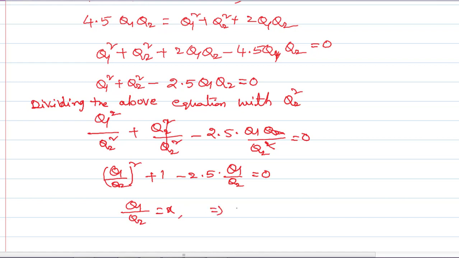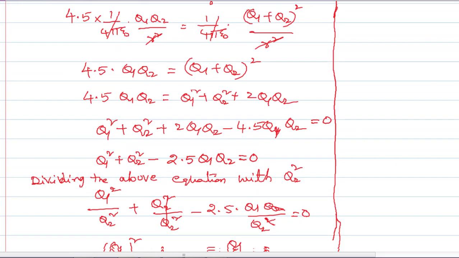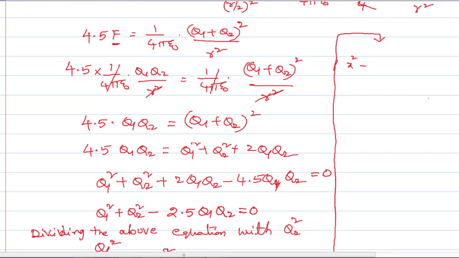Then this equation changes to x square minus 2.5 times x plus 1 is equal to 0. Then I change it to x square minus 25 divided by 10 into x plus 1 is equal to 0. Now the equation becomes x square minus 5x by 2 plus 1 is equal to 0. Then 2x square minus 5x plus 2 is equal to 0.